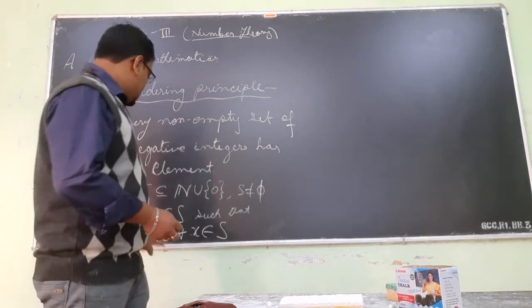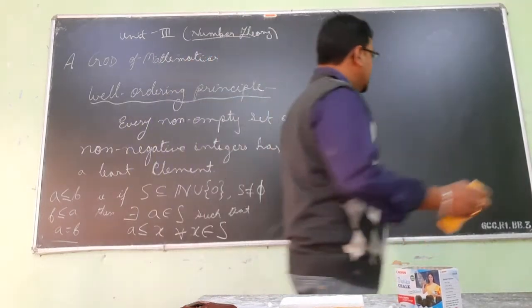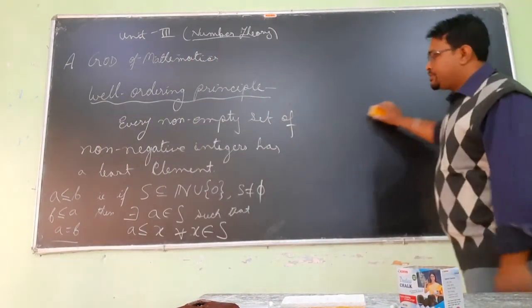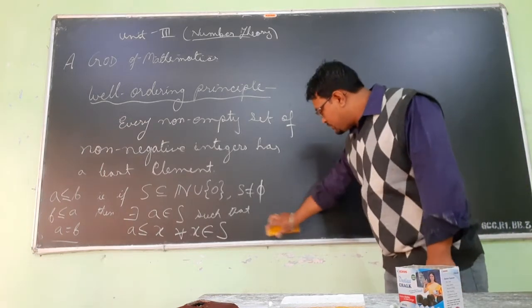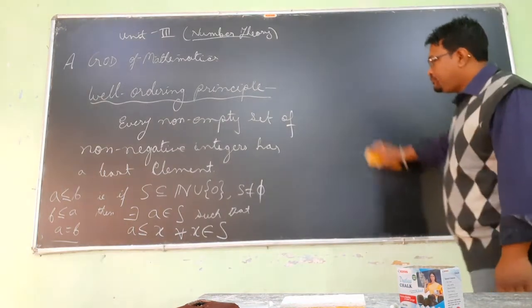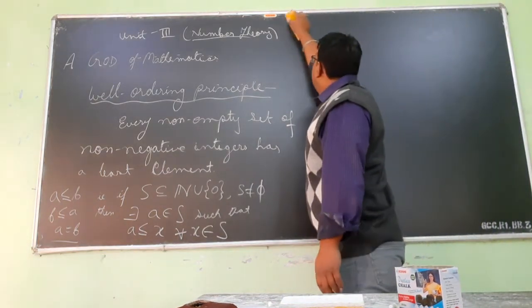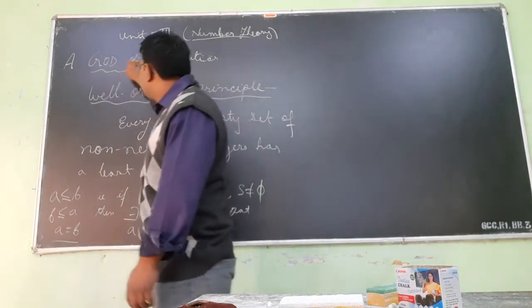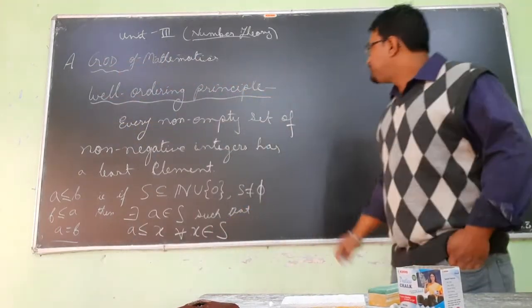So this is what is meant by the well ordering principle. It is regarded as one of the basic principles of mathematics. So we will regard this as a god, one of the gods of mathematics.